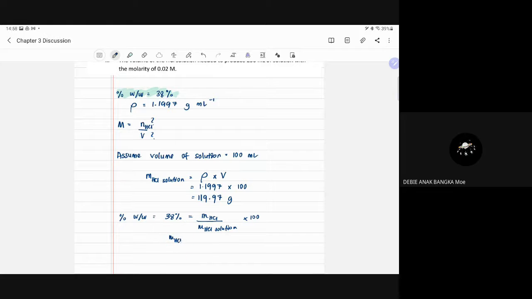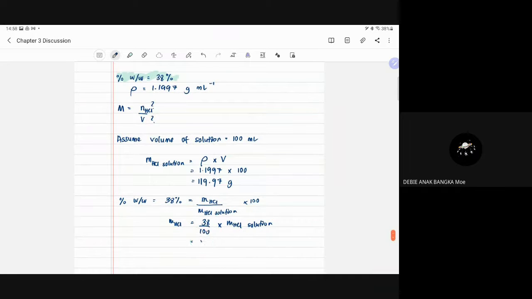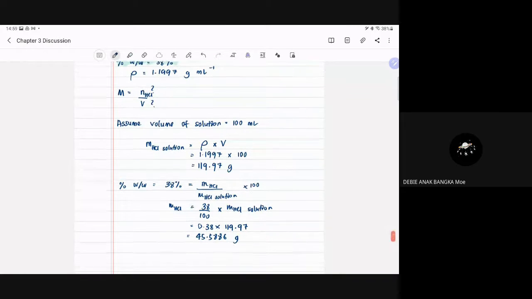So, mass of HCl sama dengan, bawa ke tepi darab silang, kita akan dapat 38/100 darab mass of HCl solution, sama dengan 0.38 darab 119.97, 45.5886 gram.